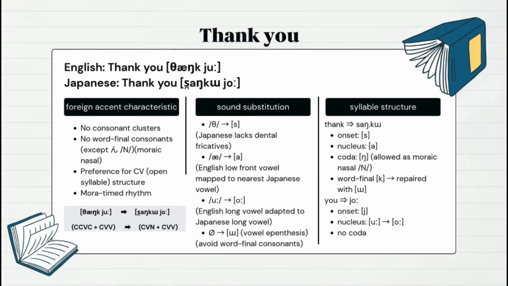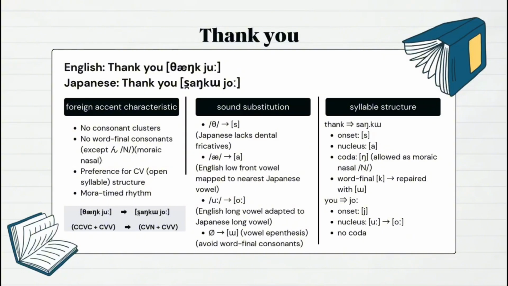And second, I'm going to talk about sound substitution. First of all, because Japanese lacks dental fricatives, and Japanese doesn't have the th as a phoneme, it changed to the closer native fricative, which is s. And the second is the vowel a.